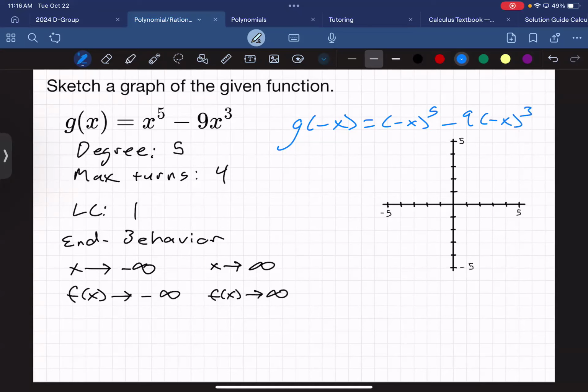Now, the reason I'm saying that, what are the exponents on those terms? Odd. They're both odd, right? So there's one of those things where, hey, I possibly might have some symmetry here. Let's go see.